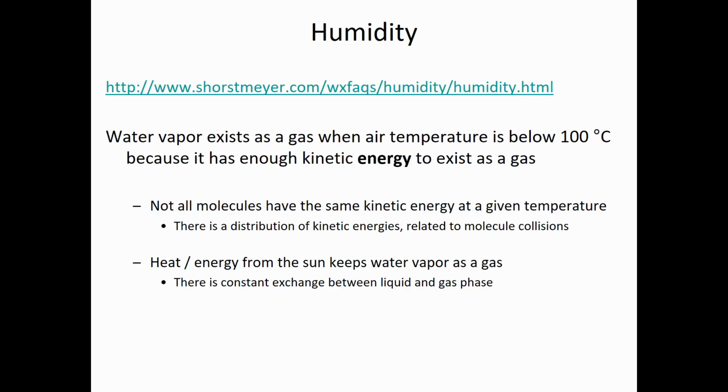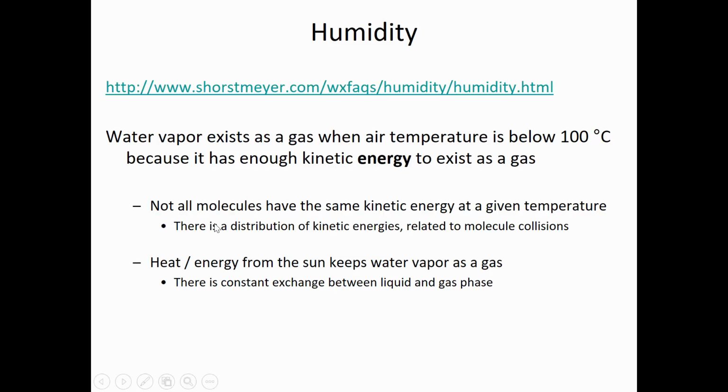And that small fraction of high energy molecules are the ones that evaporate. And so over time, the rate of evaporation is just affected by how quickly the water molecules are moving around. And of course, they move faster as the temperature increases, and a greater number of them will have that high energy state at a higher temperature.